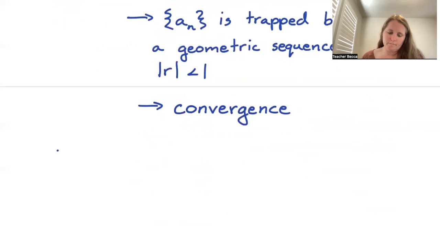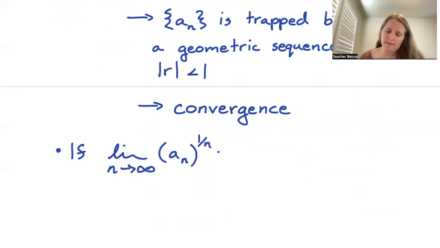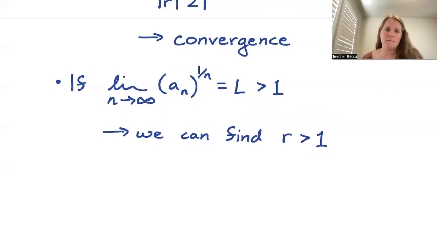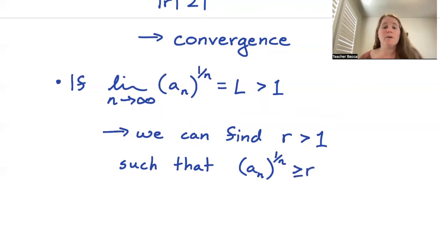Similarly, if the limit as n goes to infinity of a sub n raised to the 1 over n is equal to some L greater than 1, then that means that we can find r greater than 1 such that a sub n raised to the 1 over n is greater than or equal to r for large n.